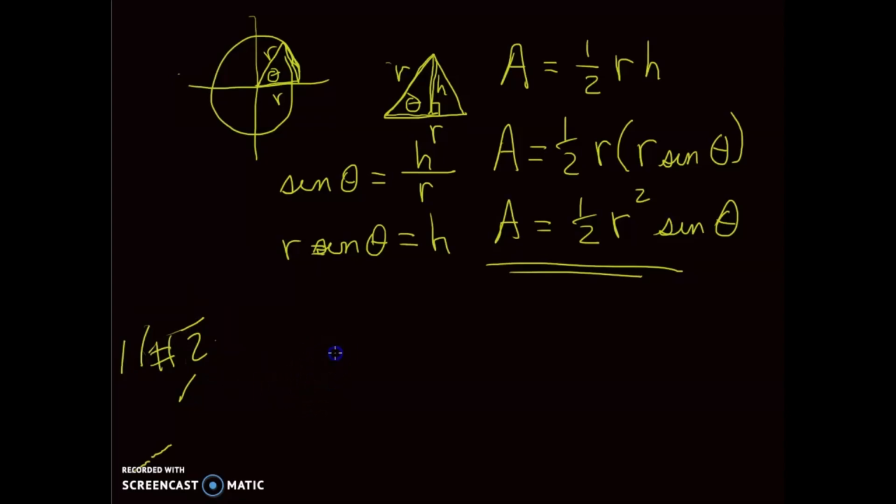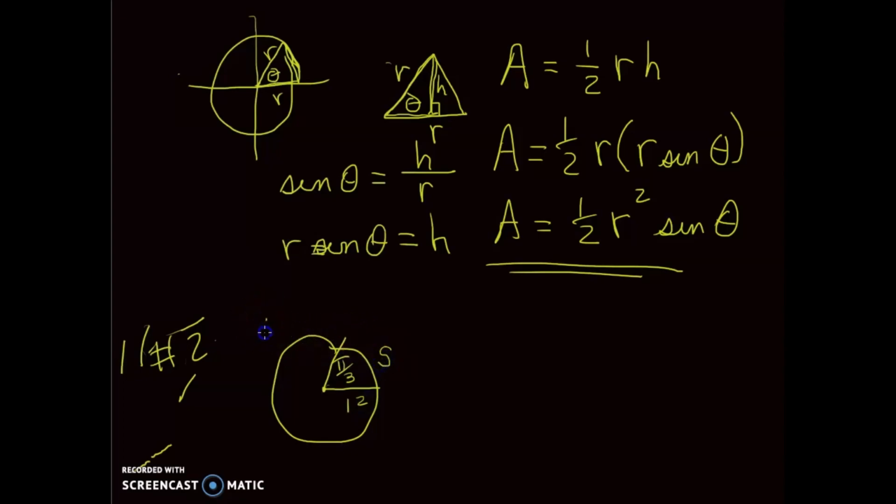Number 2 has a picture. It has the angle of pi over 3. It has a radius of 12, and it wants that arc length.